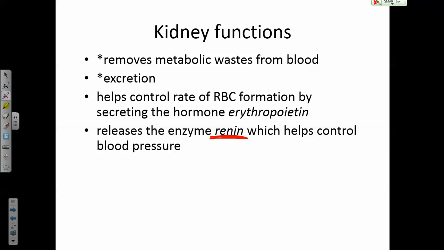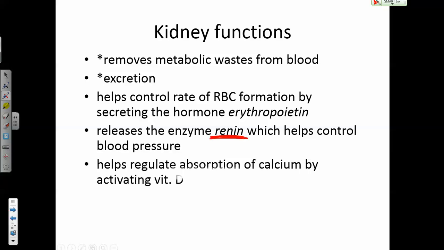So some of the blood pressure medications affect this cascade of reactions. But anyway, we'll look at that activity as we go through the chapter.